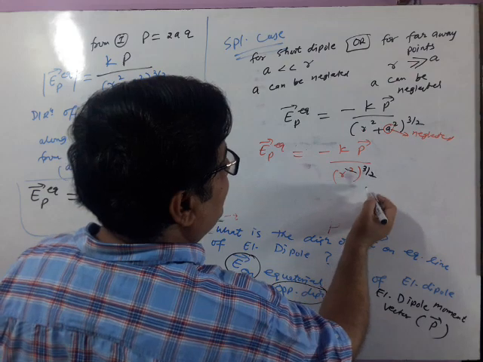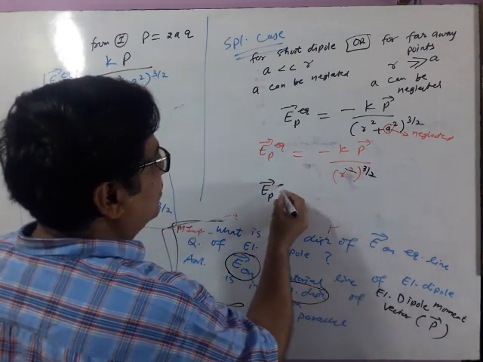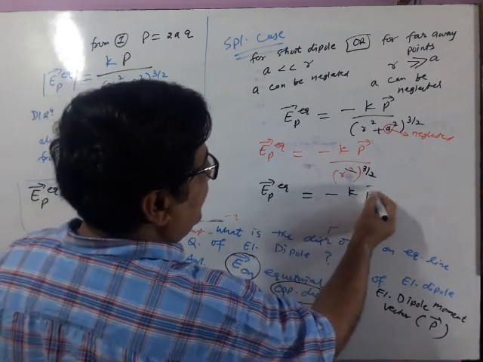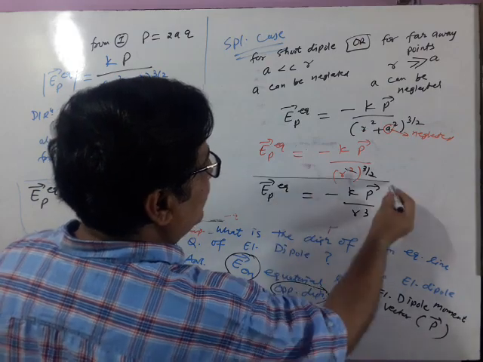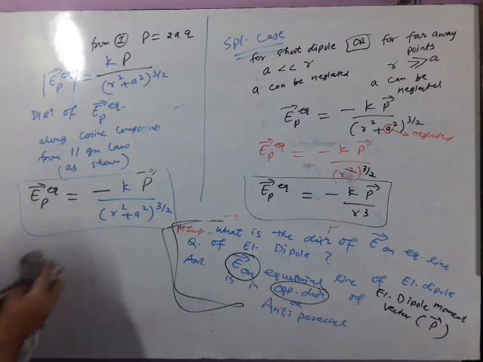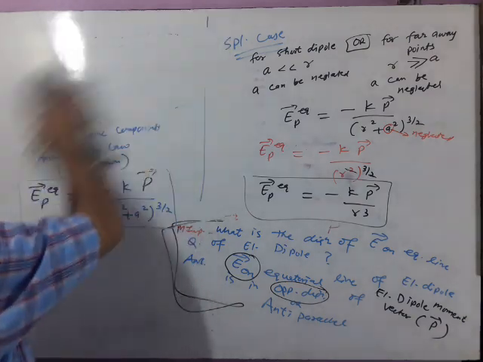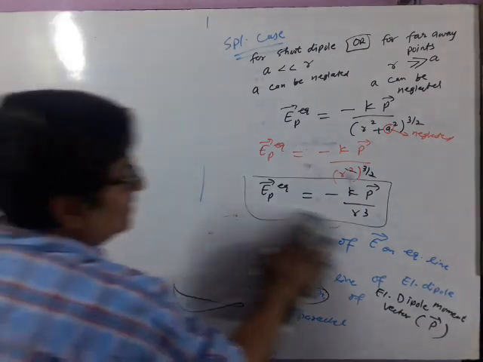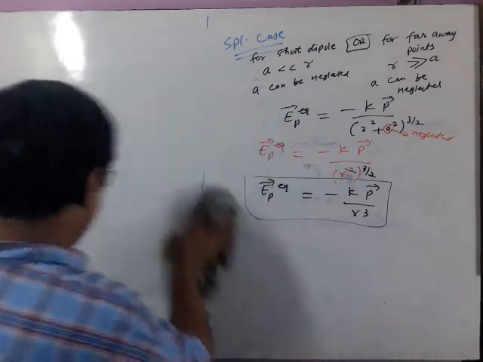And you see, 2 will be cancelling. So your answer comes out as minus kp vector by r cube. This is vector notation. You may write in magnitude also.